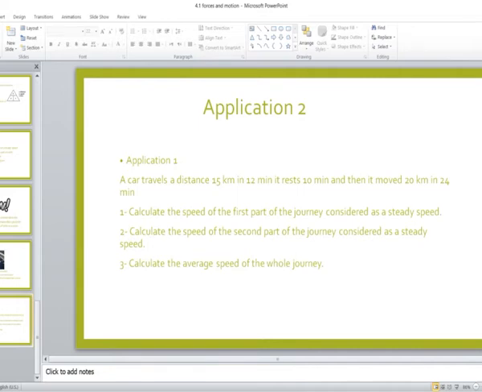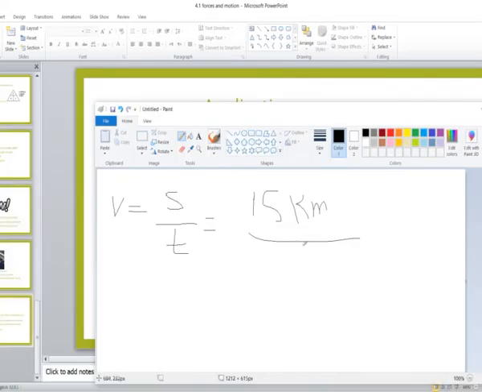What is the time? It's 12 minutes, right? But can I use 12 minutes? If I use 12 minutes, the unit of the speed is kilometer per minute, which I don't need, because I need the unit of the speed in meter per second.